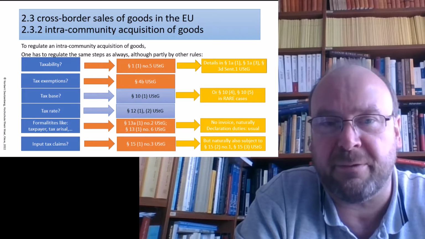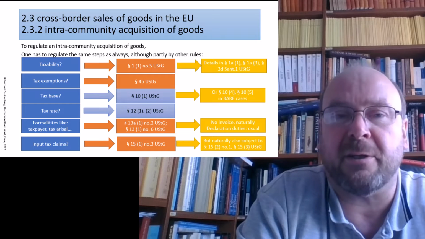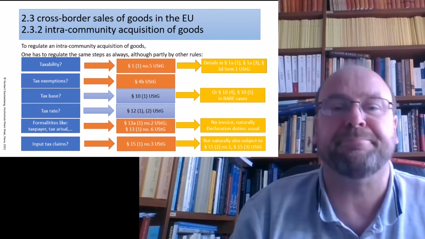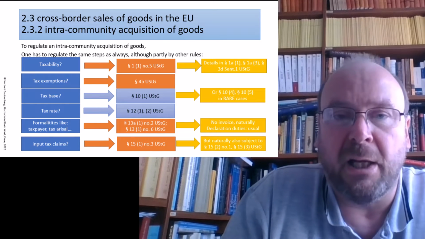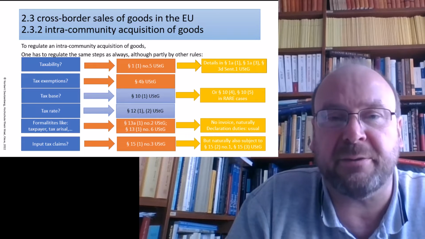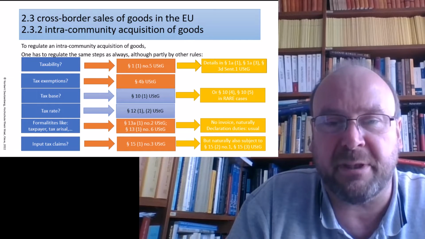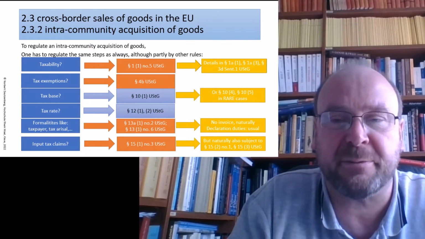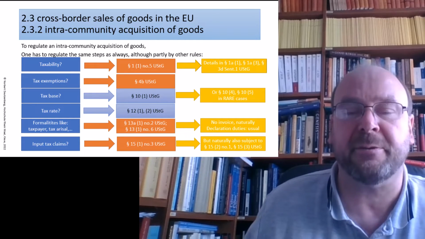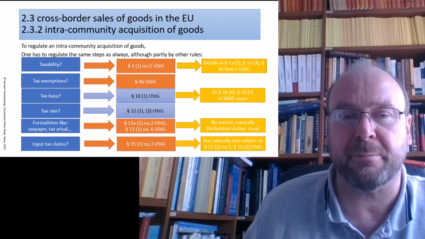That means if you use acquired goods for the production of tax-free output, then you usually lose the right to claim input tax, apart from cases where we have to do with exportation. So let's have a look at this rule too.